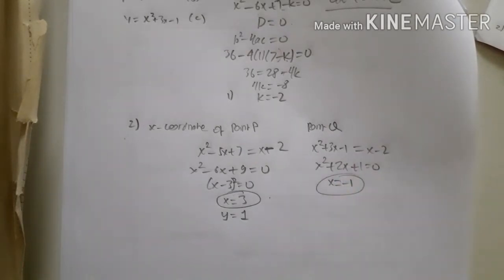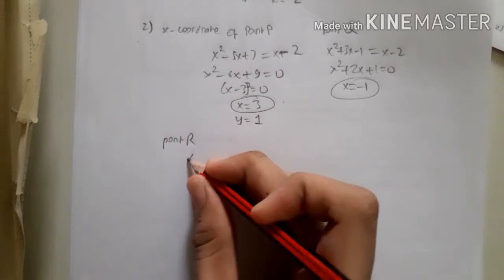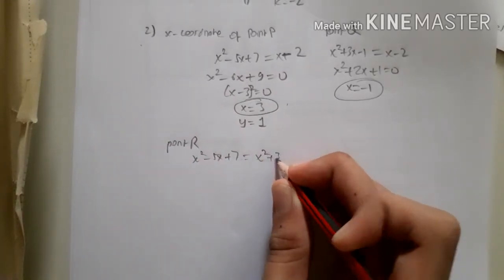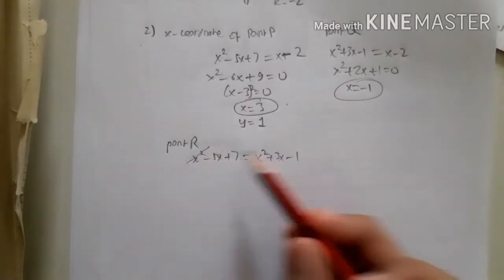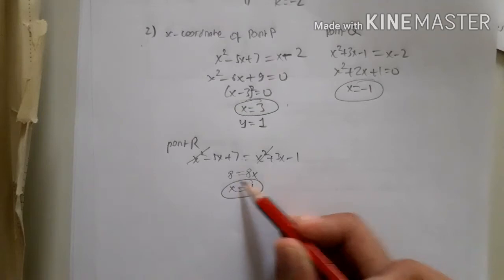So this is for point Q. And then the x-coordinate of point R. Point R is the intersection of parabola B and parabola C. So just make x squared minus 5x plus 7 equal to x squared plus 3x minus 1. The x squared cancels out, 8 equals 8x, so x is 1.